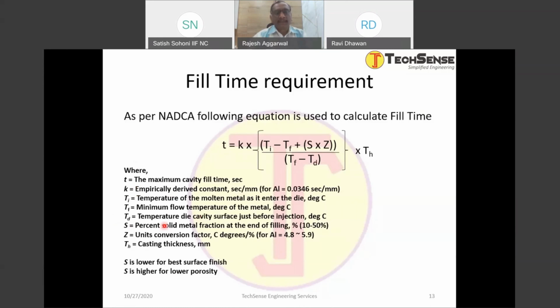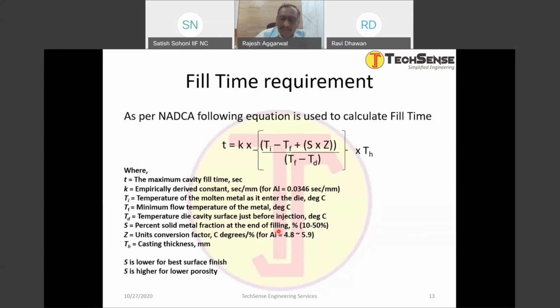S is the percent solid fraction at the end of the filling. This is a variable which helps us to decide how much temperature drop we allow during the filling, or in other words, you can say how much solid fraction. Suppose there is 100 ml of liquid, how much percentage of solid we allow by the time the cavity is filled. Right?